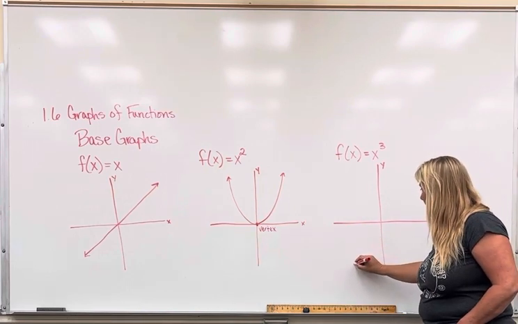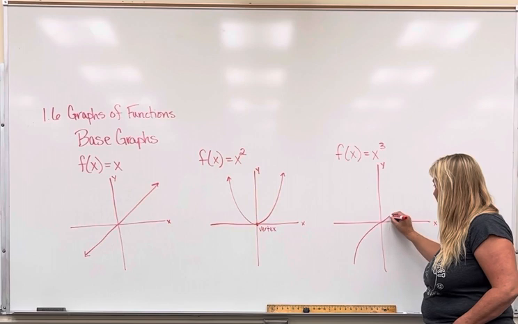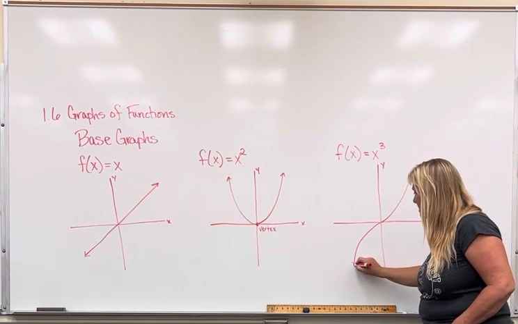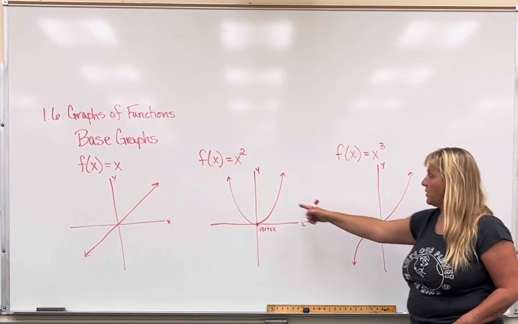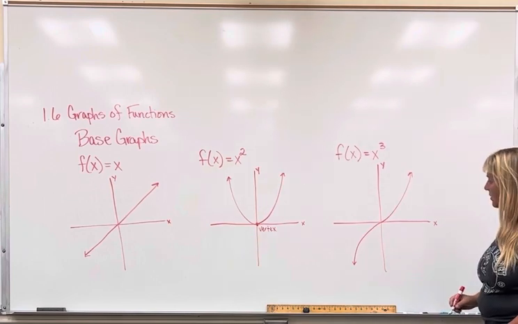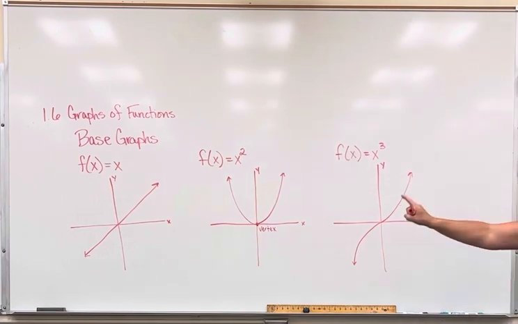So what it looks like is half down in the negative section and half in the positive section. And it's a little bit steeper than this guy over here. Still goes through 0, 0. Notice all of these guys go through 0, 0. All right, so we've got our first 3 there.